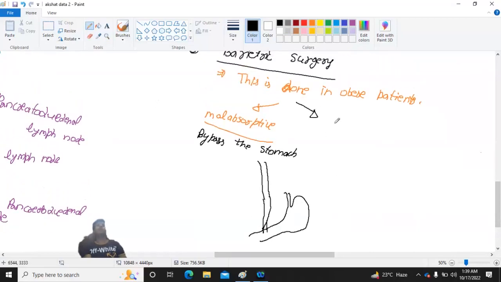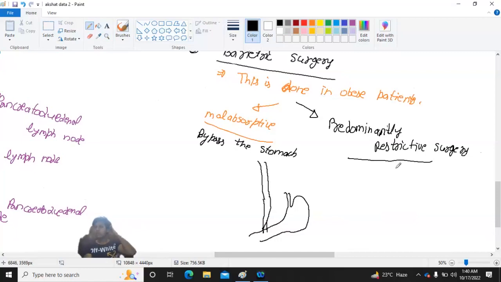And another point is predominantly restrictive surgery, in which we stitch some of the stomach region. Let's say this is the whole stomach.